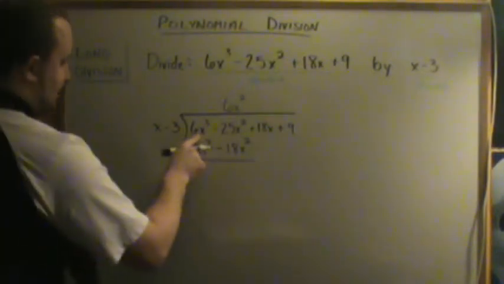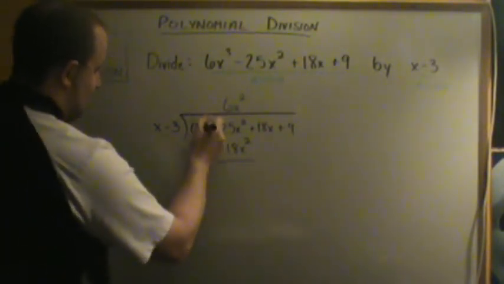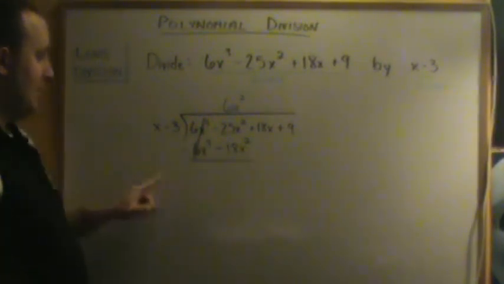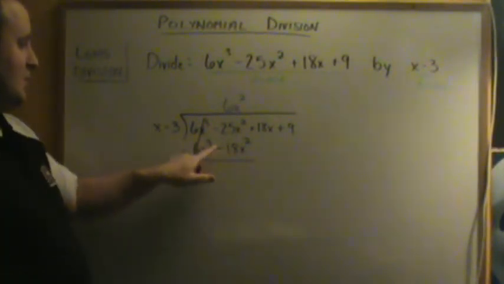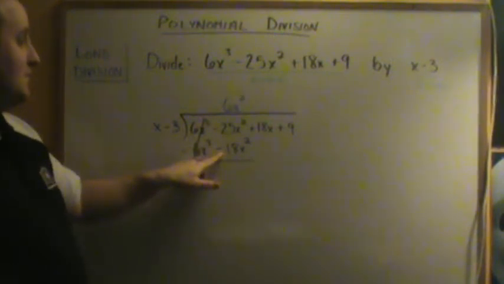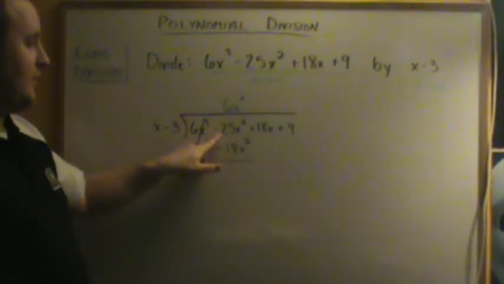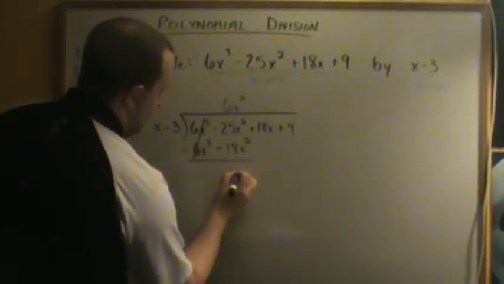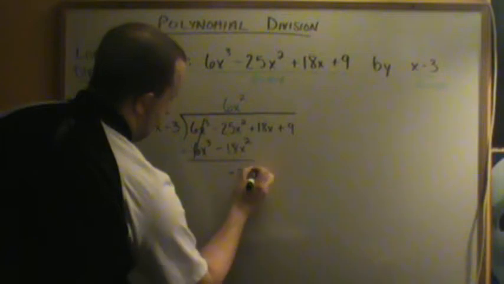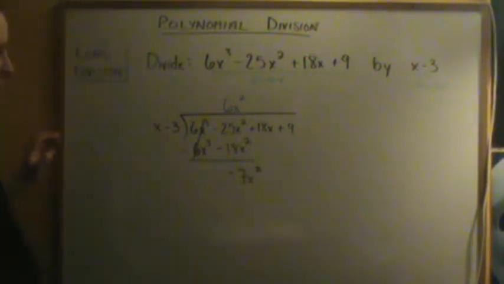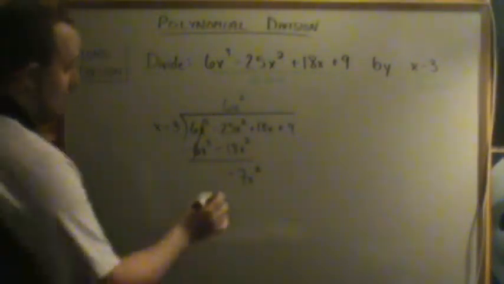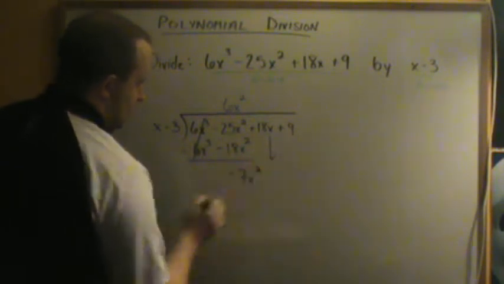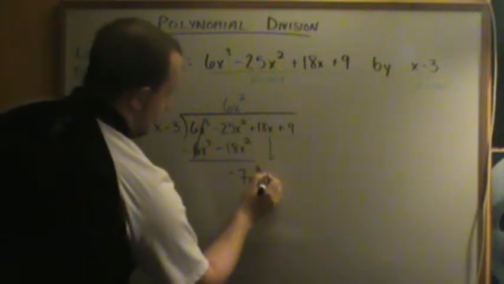What we'll notice is 6x cubed minus 6x cubed go away. And then we're left with negative 25x squared minus a negative 18x squared. Double negative makes a positive, so this is really negative 25x squared plus 18x squared, which leaves us with negative 7x squared. Like what you did before, we need to drop a term. So bring down that plus 18x.